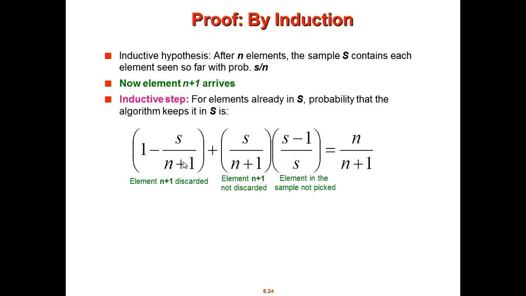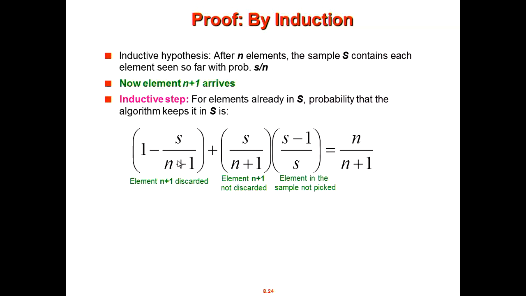If the new element is discarded, you do not need to do anything. So all the elements in S are kept in S because they are not changed. So the probability of their being kept is the probability that the new element is discarded, right?